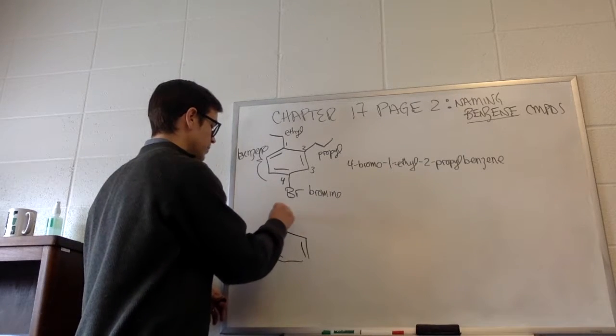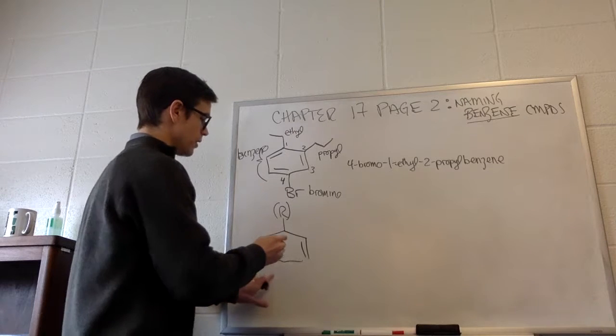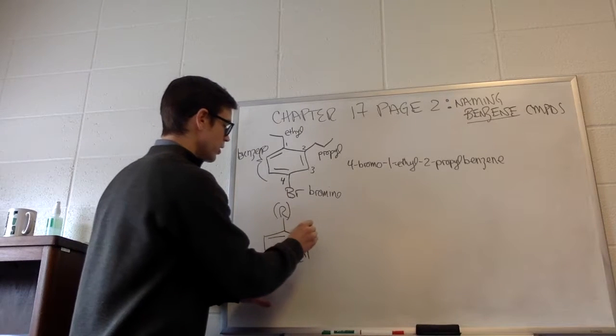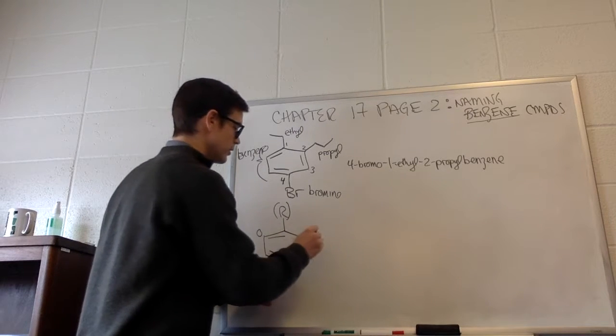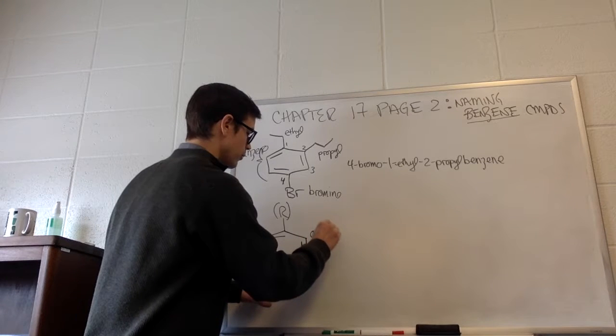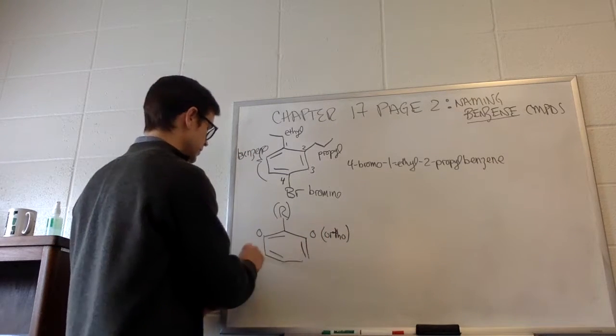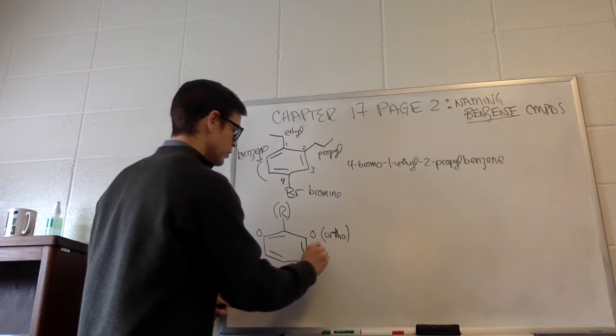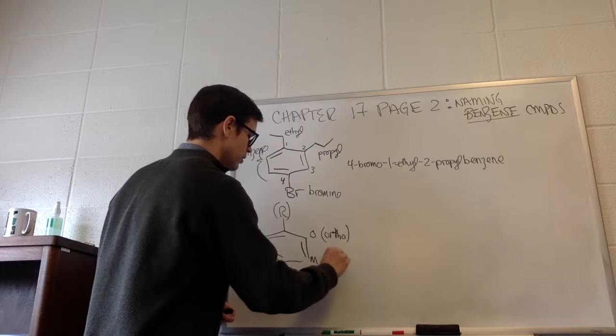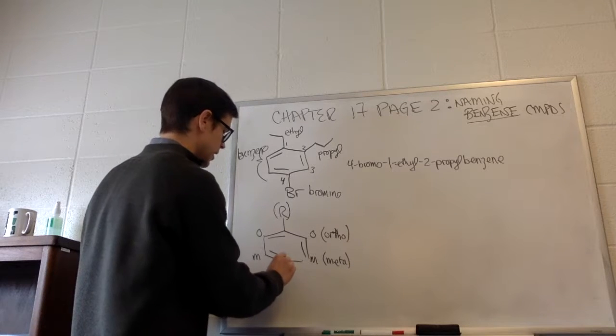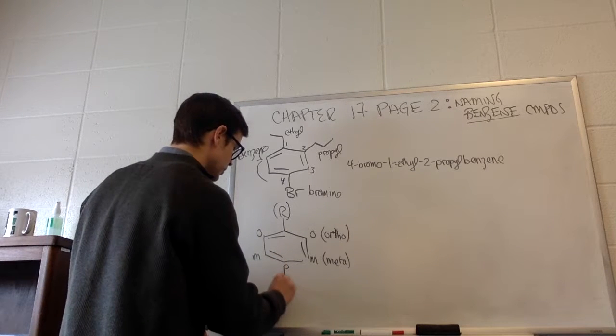So if we have some substituent R, both of these positions are called the ortho position, and O stands for ortho. Both of these positions are the M positions, or meta, and this position down here is called the para position, or P.